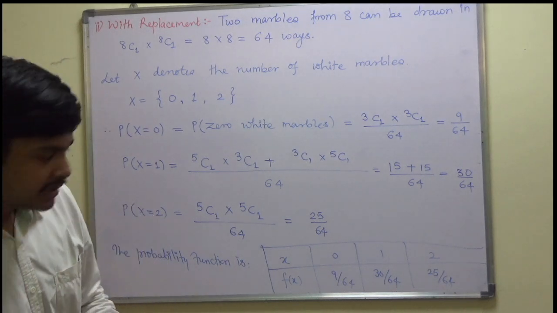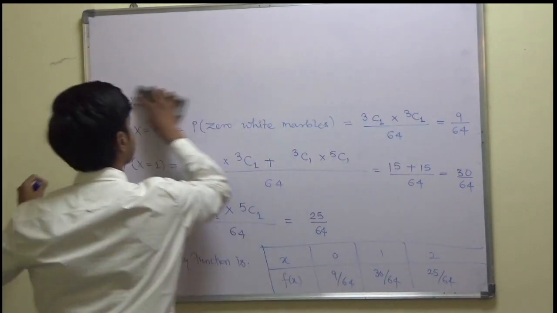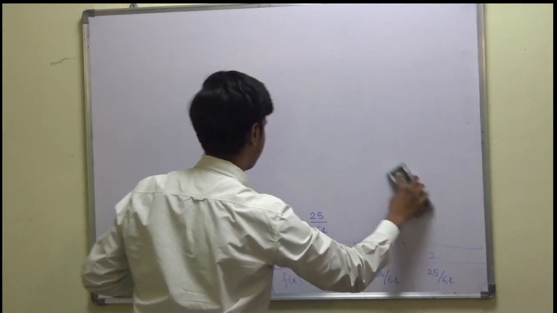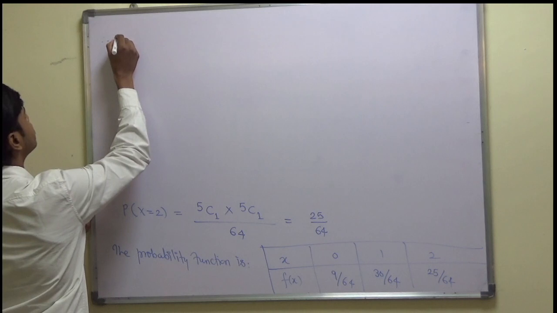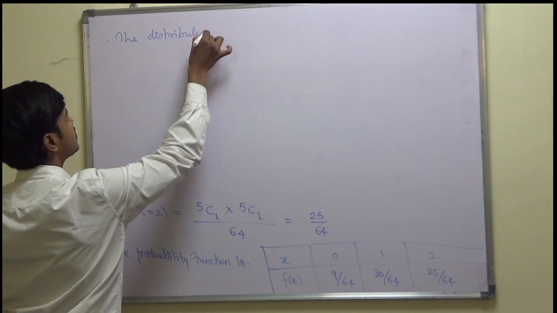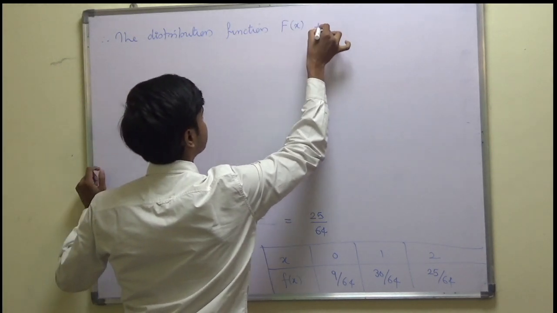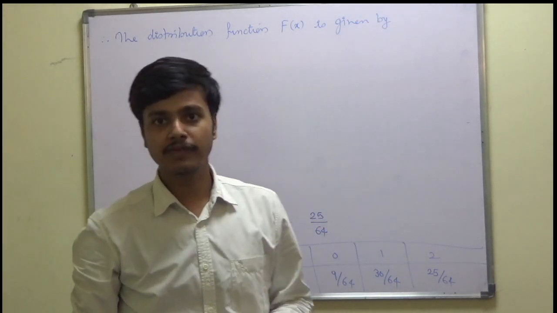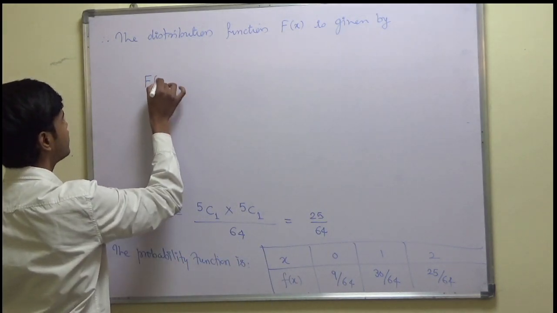Now let us find out the distribution function, capital F of x. Therefore, the distribution function f of x is given by, do you remember another name of distribution function, which is cumulative distribution function, and it is denoted by capital F of x.